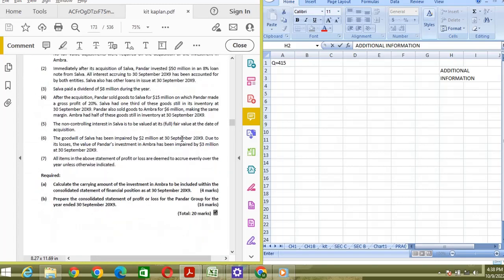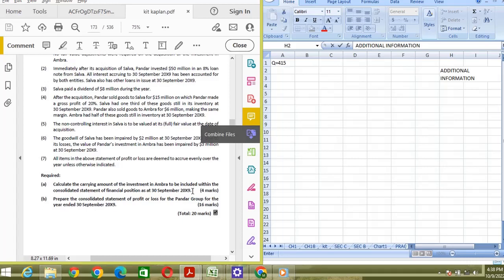The question has two requirements. The first is to calculate the carrying amount of the investment in Umbra to be included within the consolidated statement of financial position as at 30 September 20X9. The second is to prepare the consolidated statement of profit or loss for the Pandar Group for the year ended 30 September 20X9.